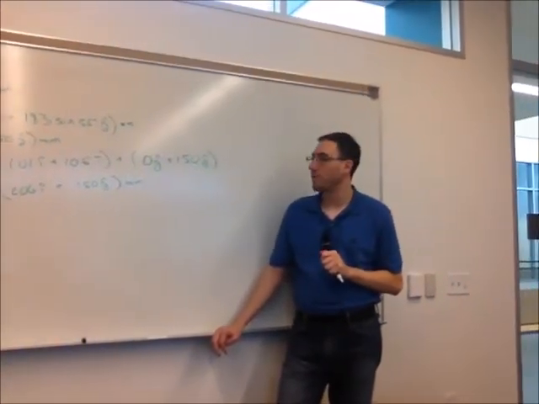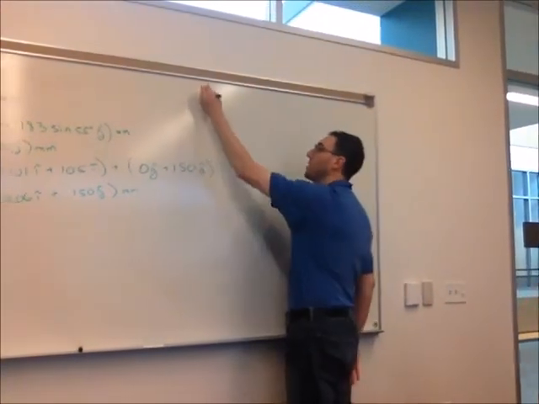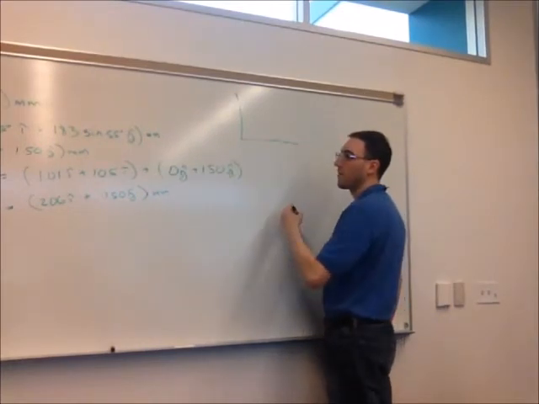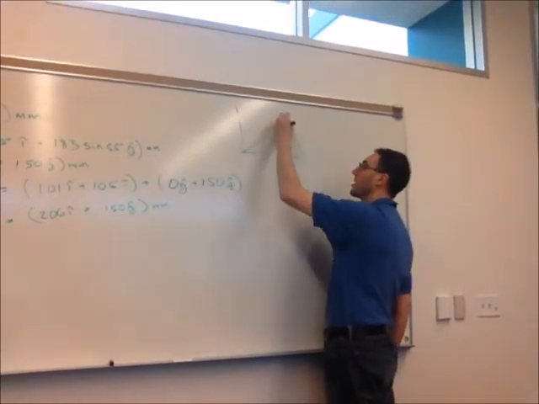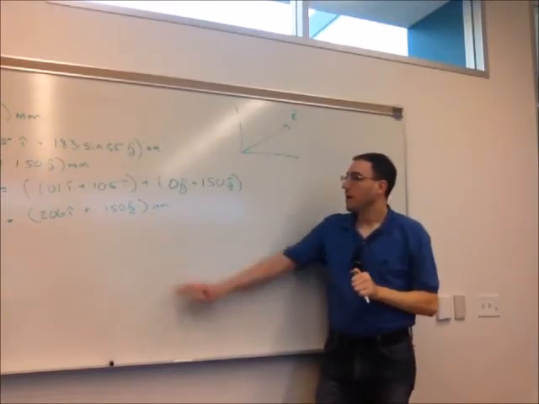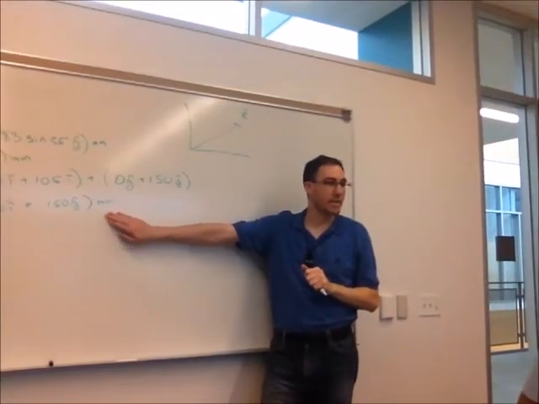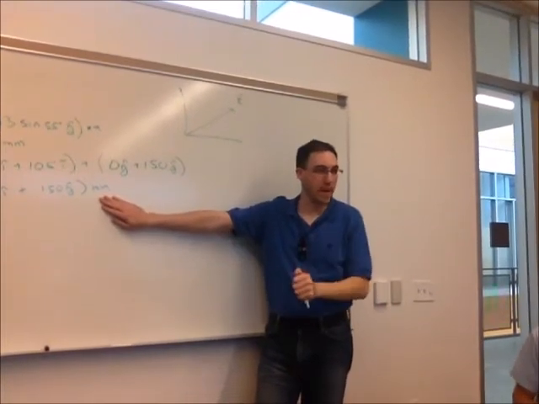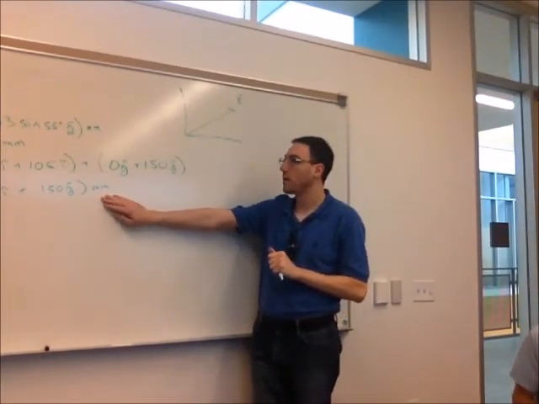So that's the resultant vector, and we can sketch this, which will help in the next step. Roughly, it'll look like that. So this is correct. This is the resultant vector in component form.